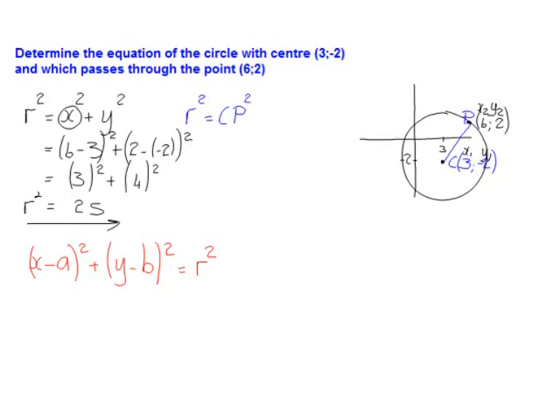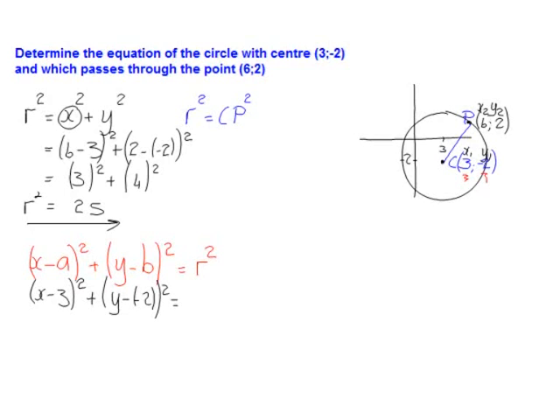Now why do we substitute into a and into b? It's always going to be your center coordinates. And the center coordinates on my sketch are 3 and -2. So let's substitute in. It's going to be (x minus 3) in brackets squared plus (y minus 2), be careful, squared.